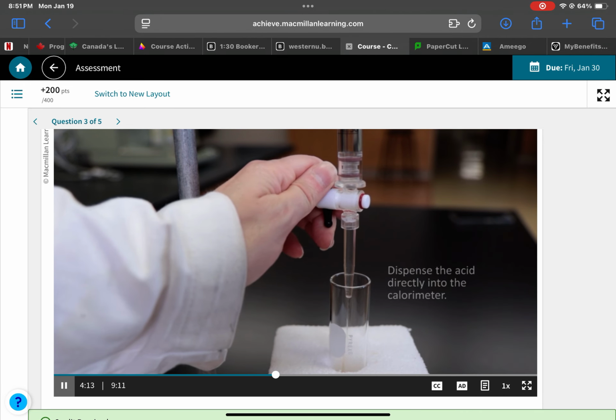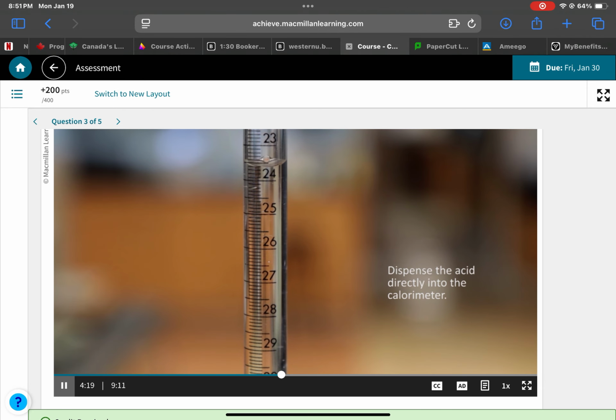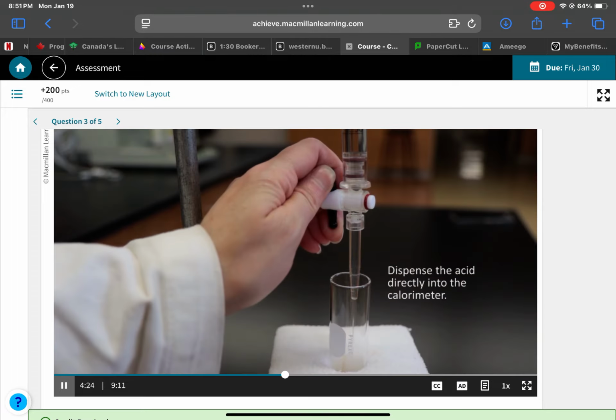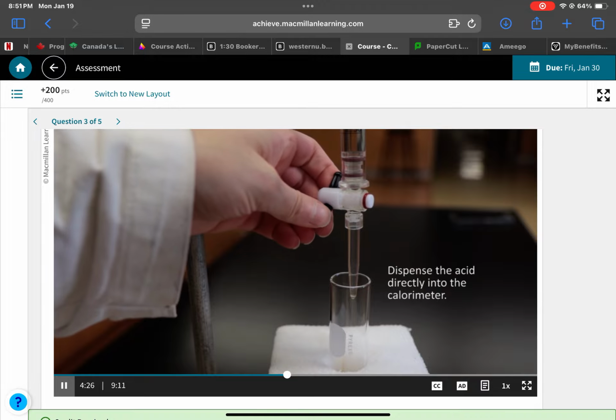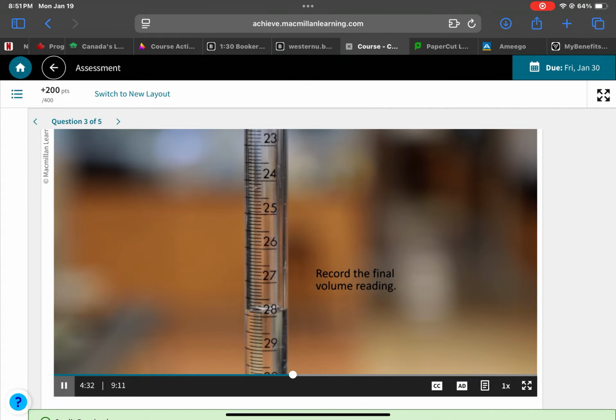Dispense the hydrochloric acid directly into the calorimeter apparatus. Record the final volume reading on the burette.